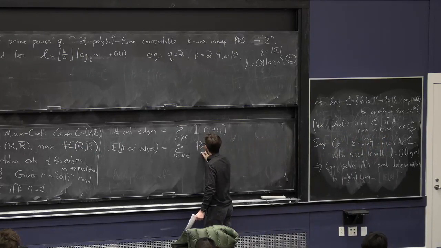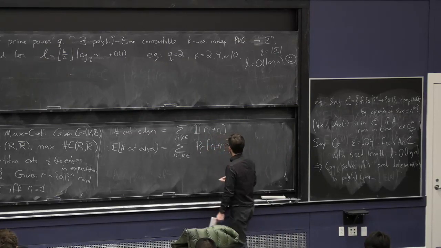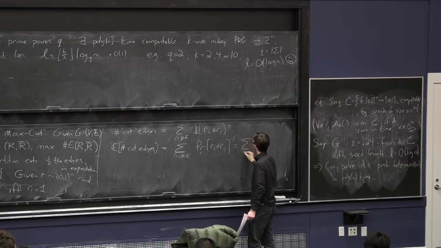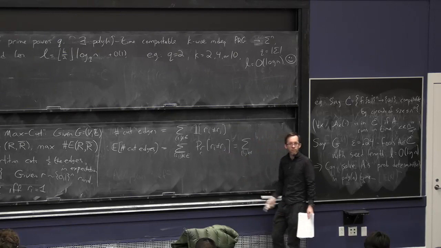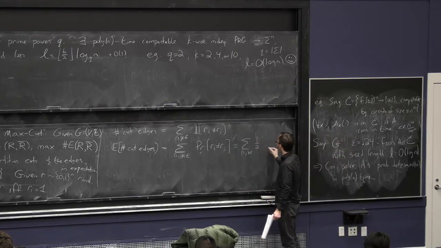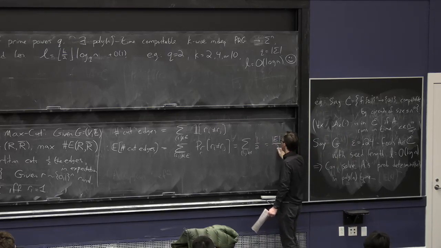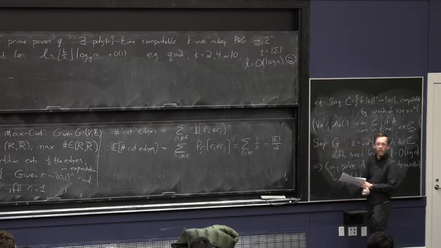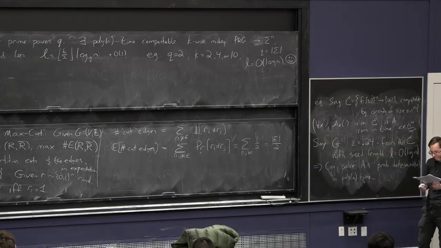This is the probability over R that Ri does not equal Rj, which is just the sum over edges ij of half. Ri and Rj are random bits, so the probability they are different from each other is a half. Therefore you get the total number of edges in the graph over 2, which is what I said. In expectation, you cut half the edges.